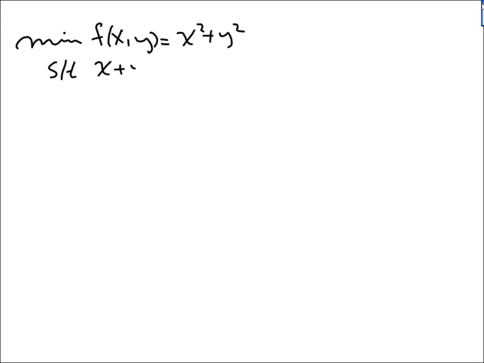Sometimes you can go back and use the other techniques. Here, we want to minimize f of x, y, which is x squared plus y squared, subject to the constraint x plus y equals 4.